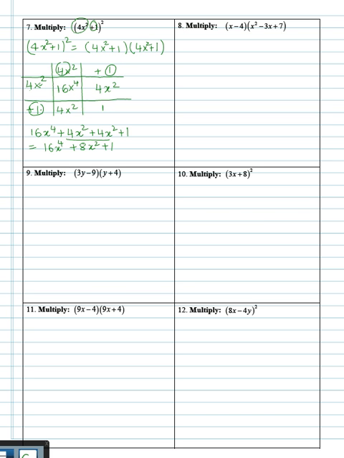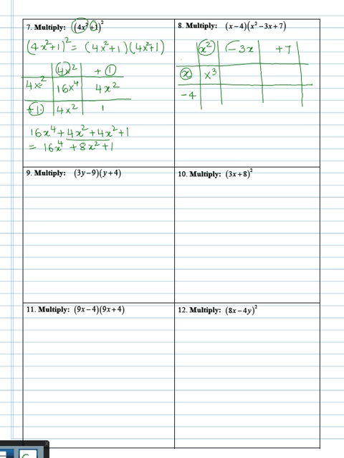Moving on to problem 8, I'm going to rewrite them the same way. I'm going to have x minus 4, and on the top here I would have x squared minus 3x plus 7. I would make columns. You don't have to do it this way at all. So x times x squared gives me x cubed.